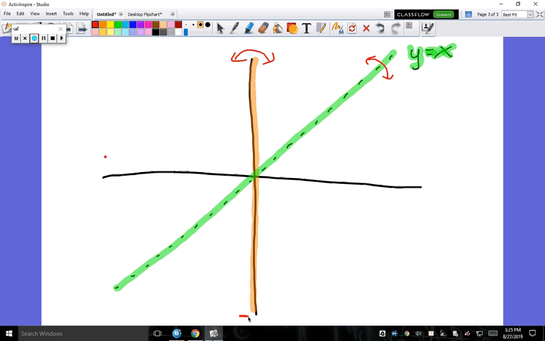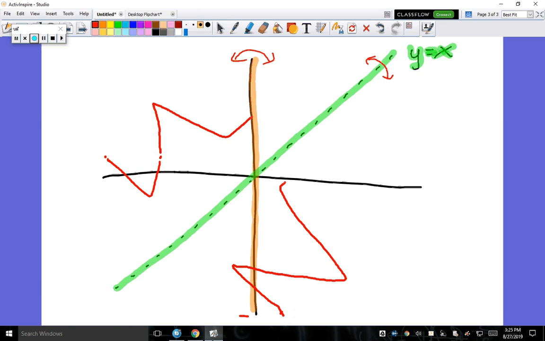Let him go. All right, you ready? Ready, set. Oh, he almost had it. That was almost perfect. That was perfect. That was good stuff. Nice job. Have a seat.